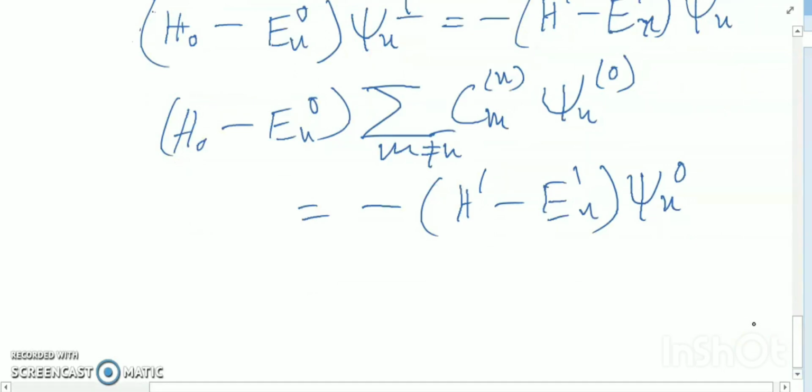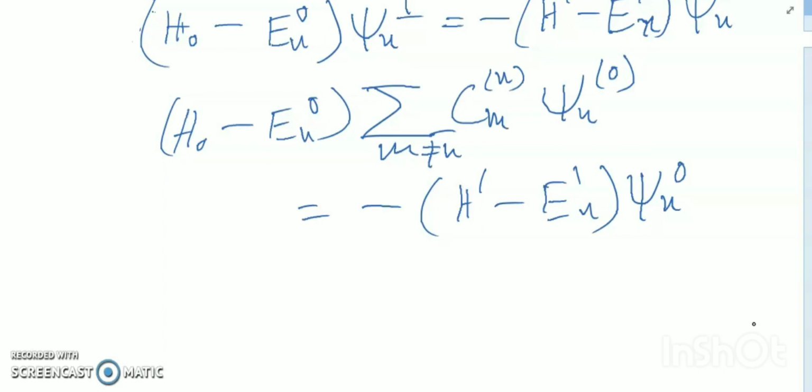The unperturbed energy states are the ones that we usually already know. The problem is that our coefficients are stuck inside of a sum. How do we get rid of the sum?